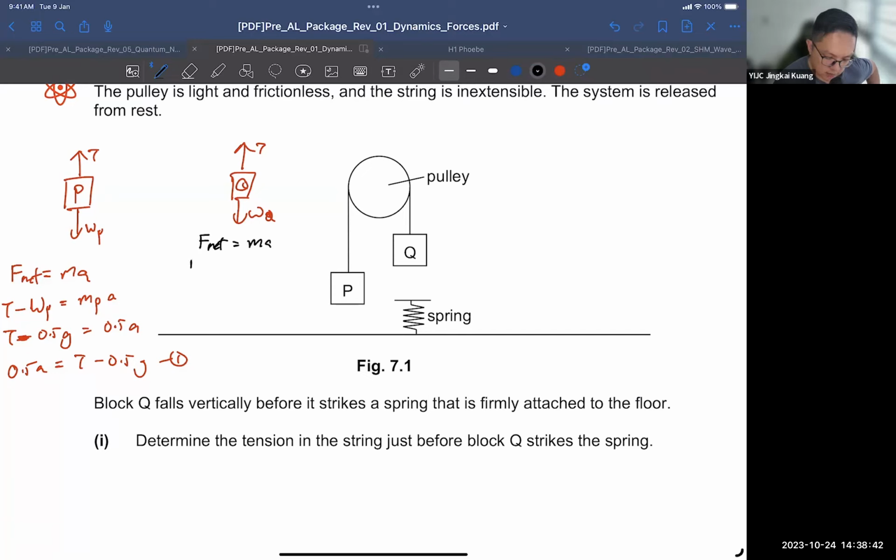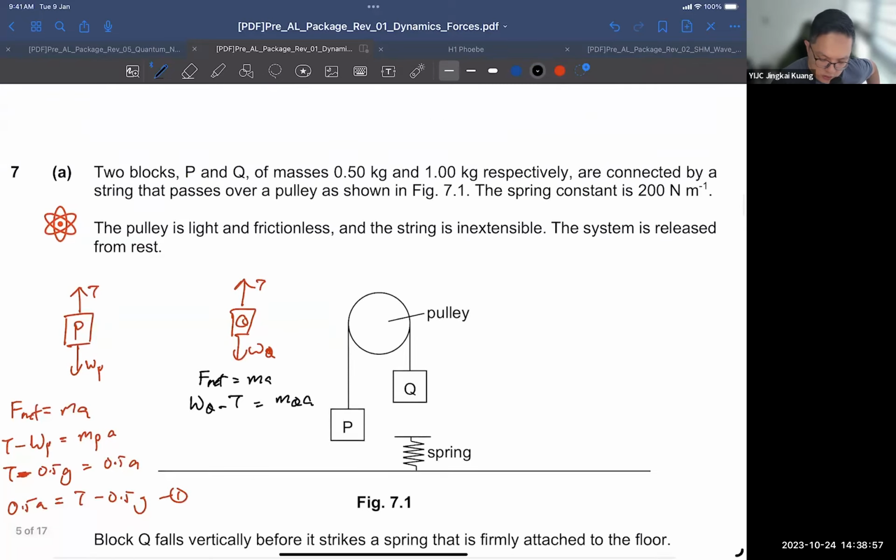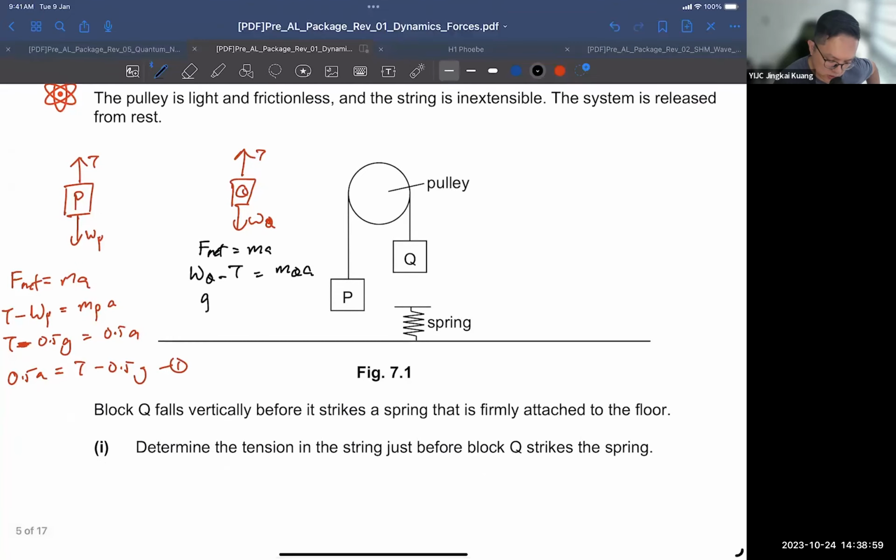So this is WQ minus T. I use WQ as positive because this block will go downwards, equals MQ A. Sub in: this is 1 kg, so G minus T equals A. So A equals G minus T. This is equation 2.